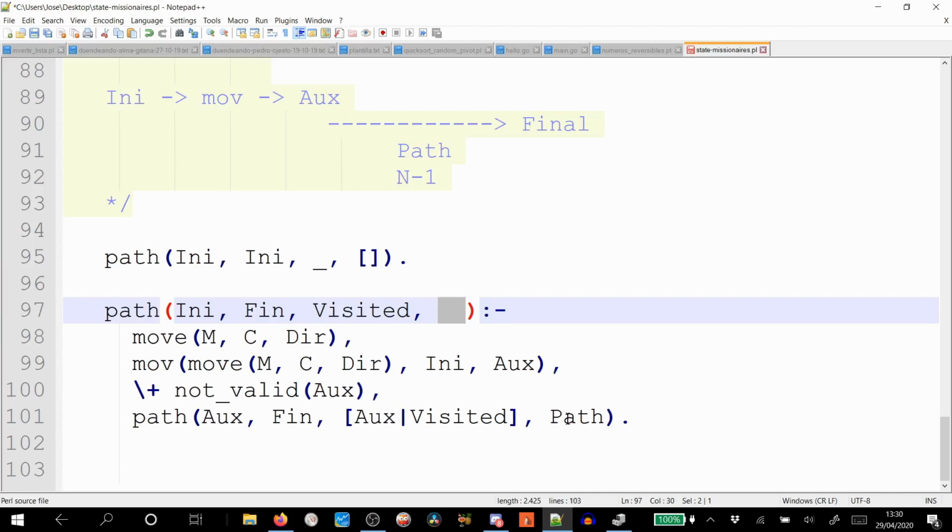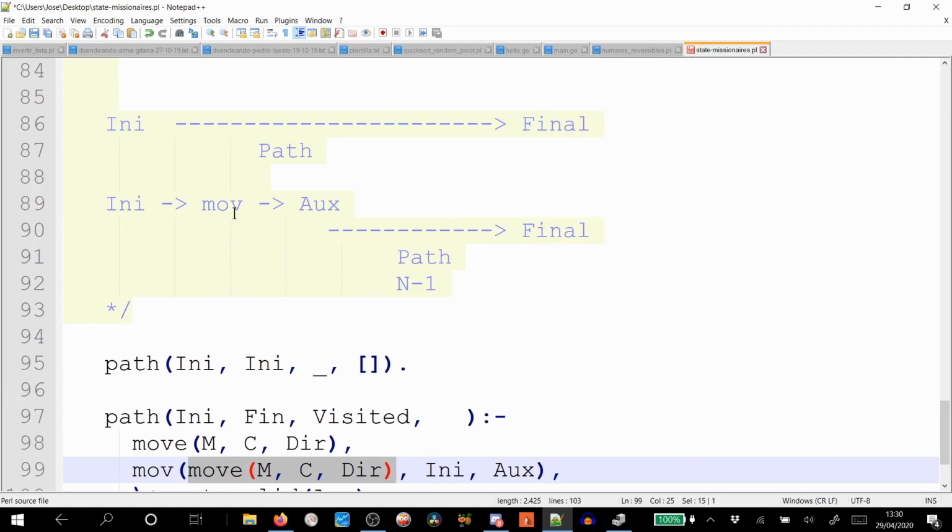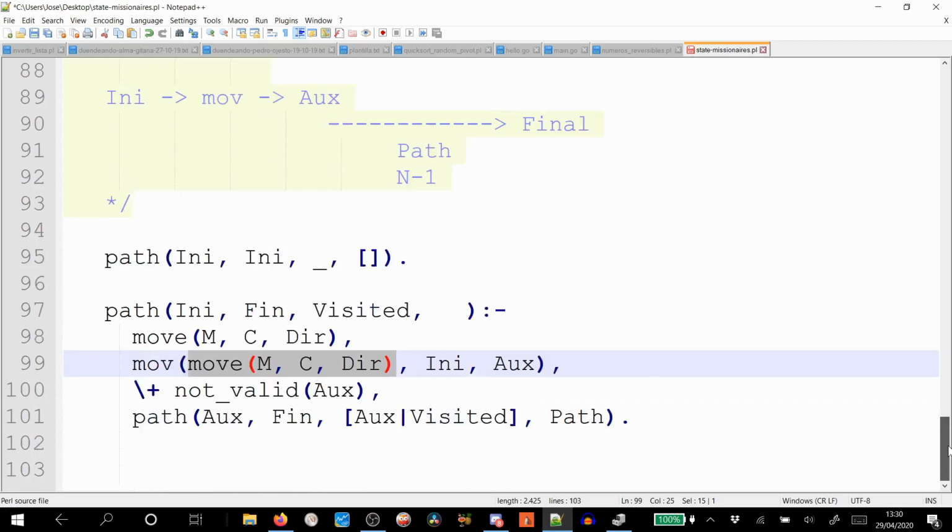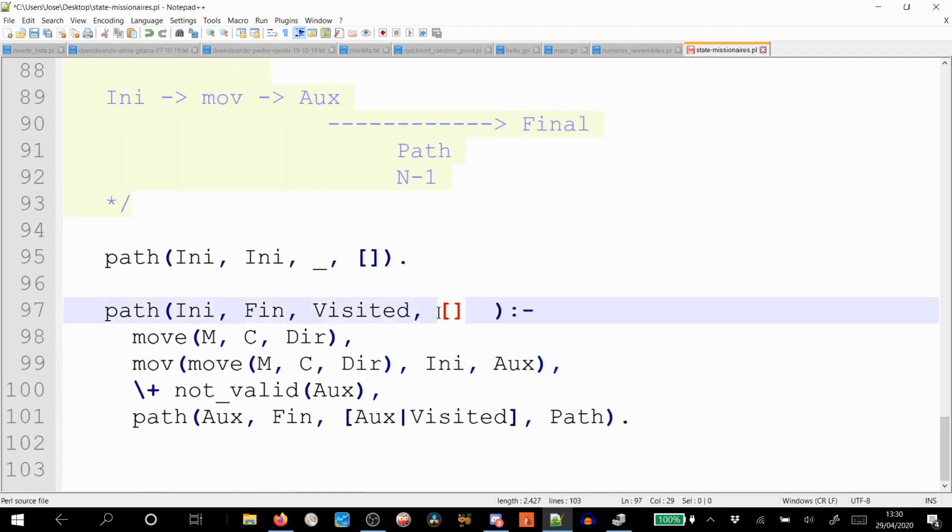What is the movement I did? It's this one. I need to go from in to out. So I have this list of movements to go from here to here, and I only need to add this movement. It's like move M and C in the direction to the path. Is it okay?